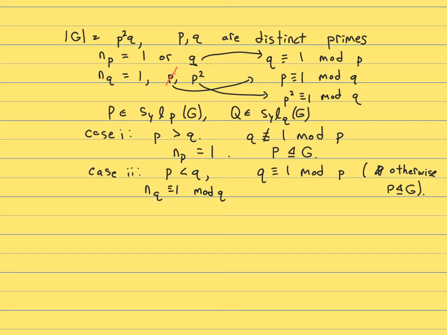So we're either in the case where N_q is 1, or it's p squared. If it's 1, then we've just discovered that Q is a normal subgroup of G of size q.